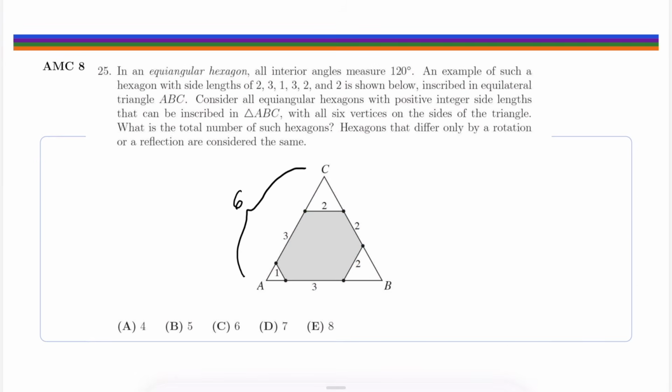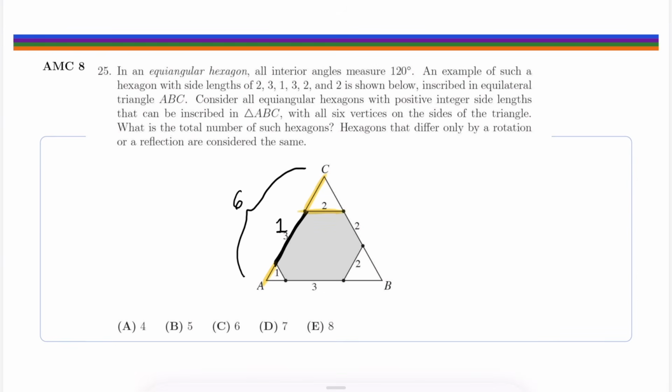Okay, another thing that's helpful to notice is that our hexagon has to have integer side lengths, and the smallest integer is 1. So this measure right here can be 1 or anything greater, which means that the sum of these 2 sides has to be 5 or less.